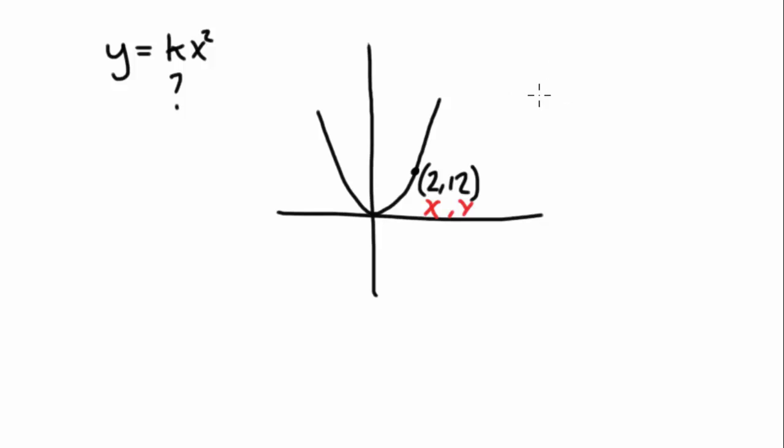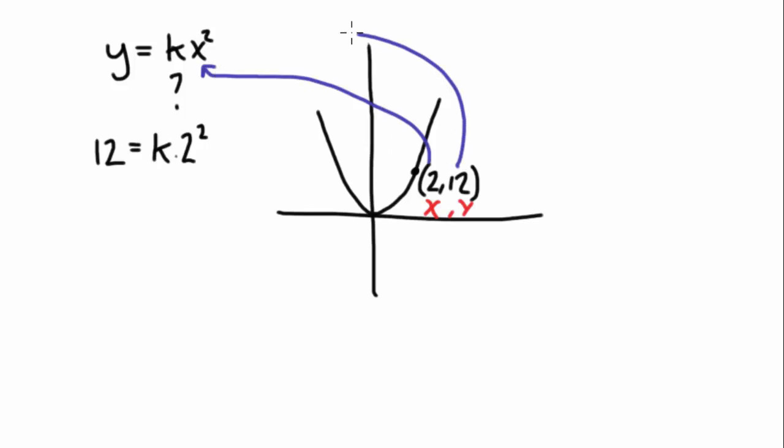So what we do is we say, well, y is 12, so 12 equals whatever k is, times 2 squared, because that's what x is. These values just go into that part of the equation.